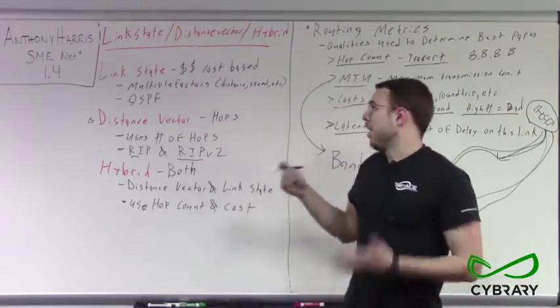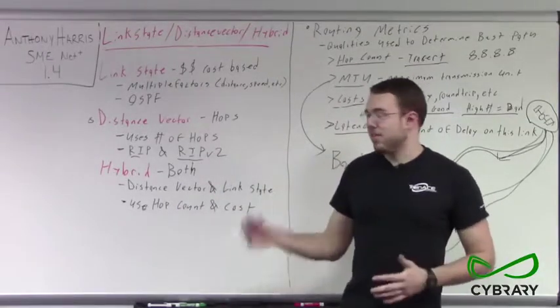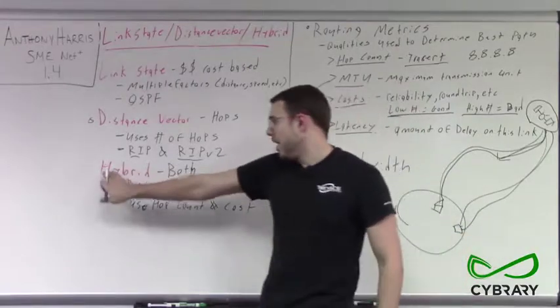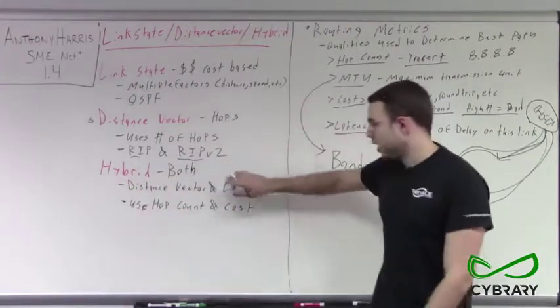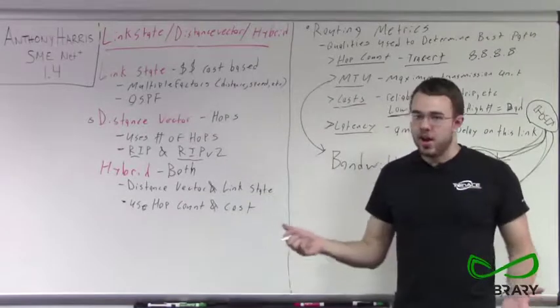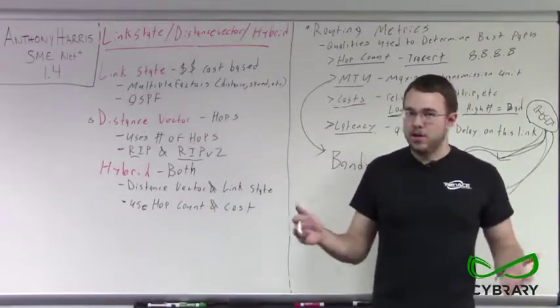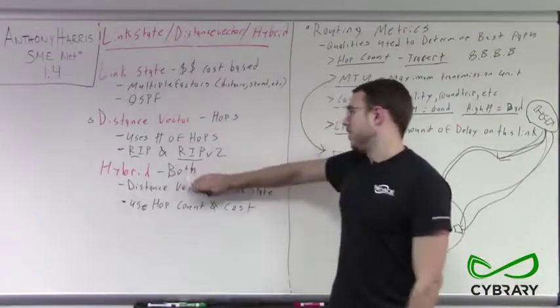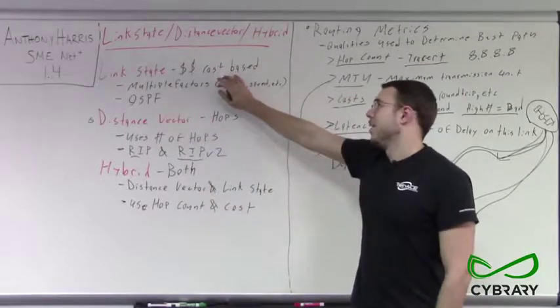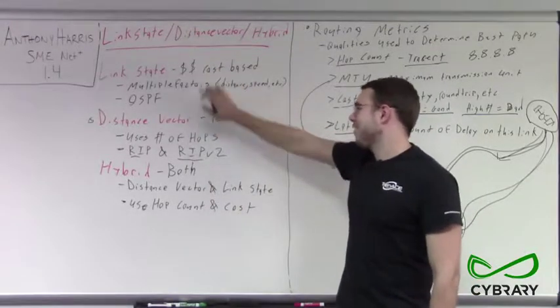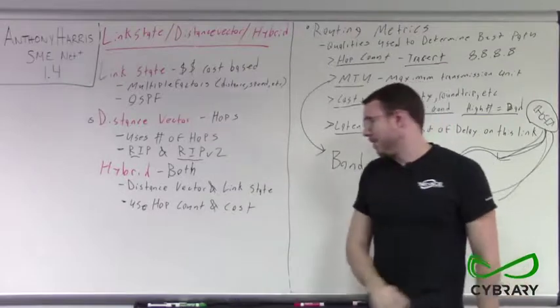So those costs and those distances can be rolled into our hybrid protocols. And our hybrid, just like our little hybrid cars that drive around, use the best of both worlds. They have our cost-based and they are hops-based as well.